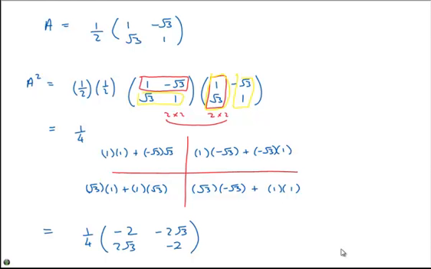Okay. But what you have to do now is multiply that by A again. So stick your A in. So you're going to have 1 over 4, then the matrix (minus 2, minus 2 root 3; 2 root 3, minus 2). Multiplying that by A, let's stick the A in the front, it doesn't make a difference.